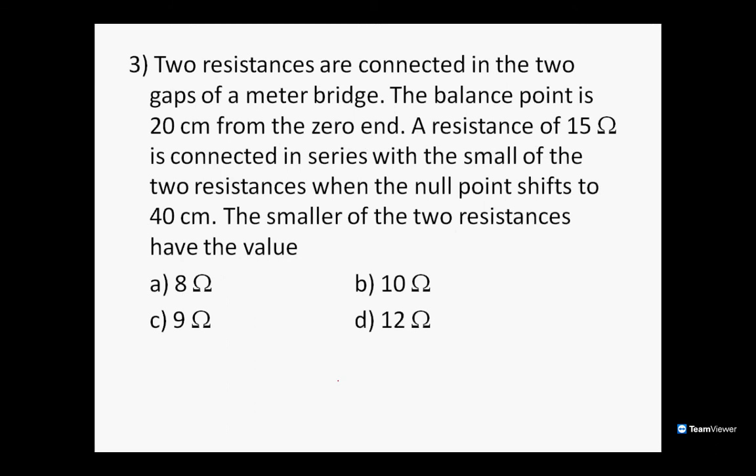Next, third question. Two resistances are connected in the two gaps of a meter bridge. Okay, two resistors are connected. The balancing point is 20 centimeter. Initial balancing length is 20 centimeter. Next, a resistance of 15 ohm is connected in series with the smaller of the two resistances.